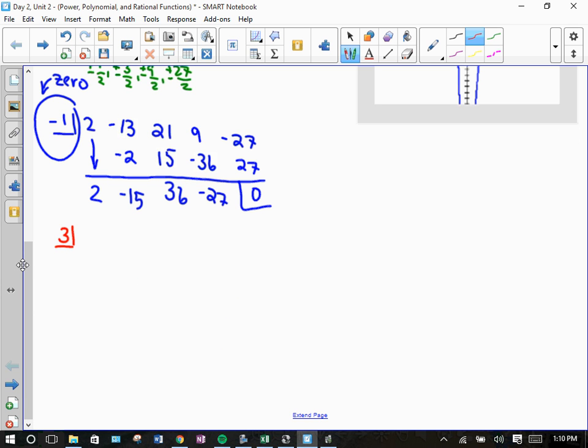Now, we're going to use these new coefficients: 2, -15, 36, -27. So if this is an upper bound, what should be true? It's all going to be non-negative. So 3 times 2 is going to be 6.